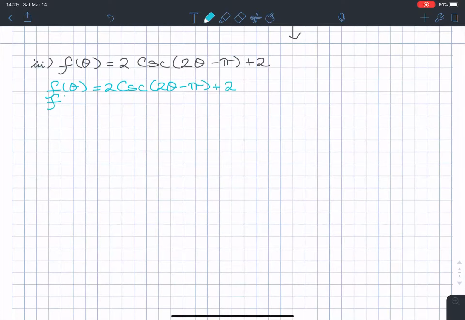First thing I'd like to do is factor out the coefficient of theta. So this will be 2 cosecant of 2 times the quantity theta minus pi over 2 plus 2.